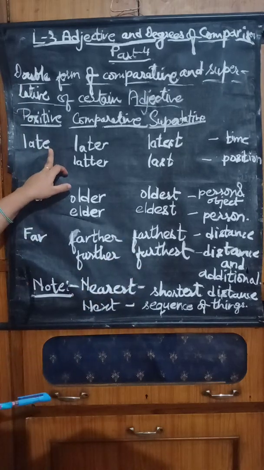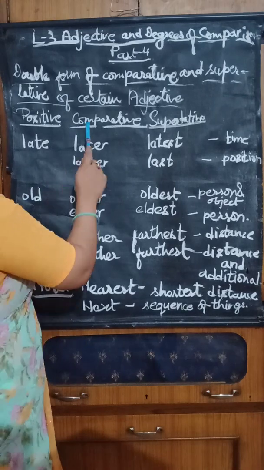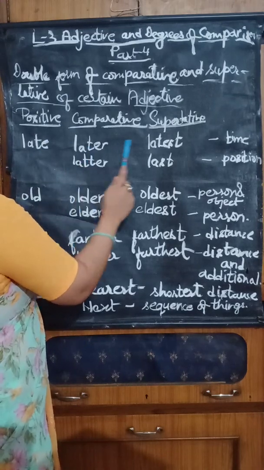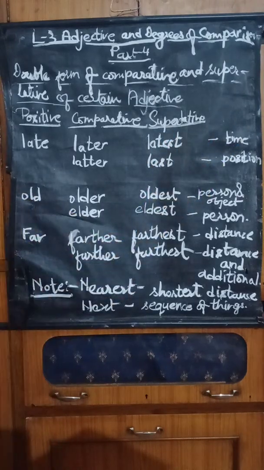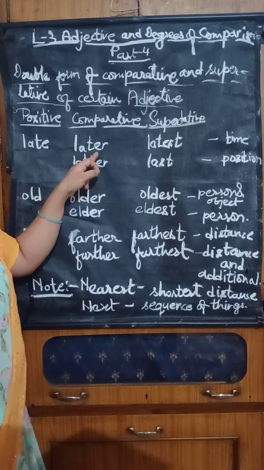In the first one, the forms of the word late, later and latest, are used when there is timing involved. Suppose there is a sentence: I left the stadium. I met him later.